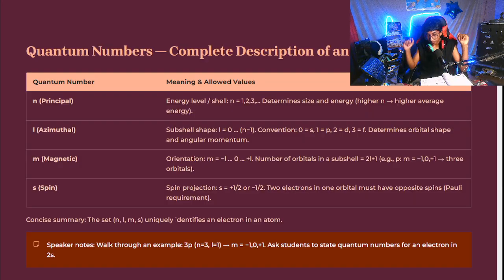So the shapes of the orbitals: if it is S, the shape of the orbital is going to be spherical. It's a sphere, not a big deal. If it is a p orbital, it is going to be a cloud-like shape, two lobes attached together like this.